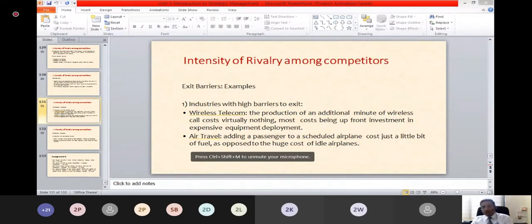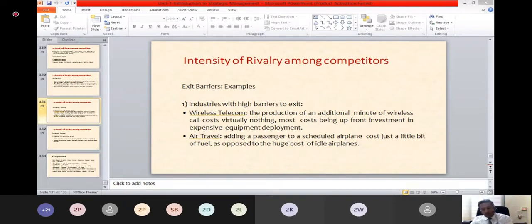However, if the airplane remains idle or is not being used, that costs the company hugely. That cost is very high and has to be borne by the company.